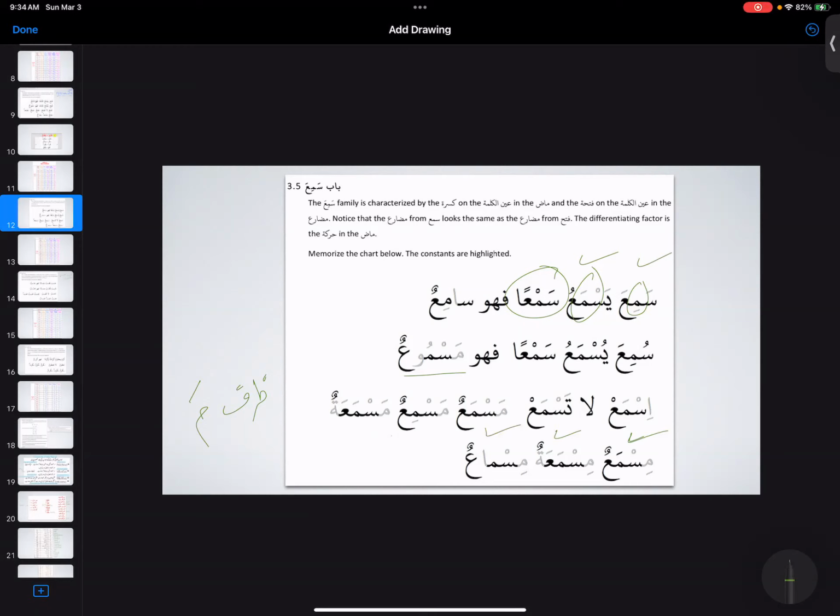And the marker is that the mim has kasra. How are we going to say this one? Maksurul fa. Yes, very good, MashaAllah, barakallah fiki.